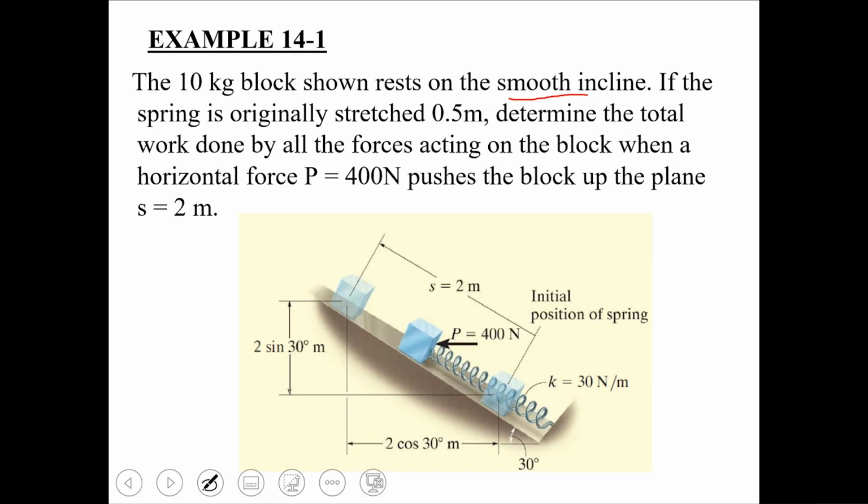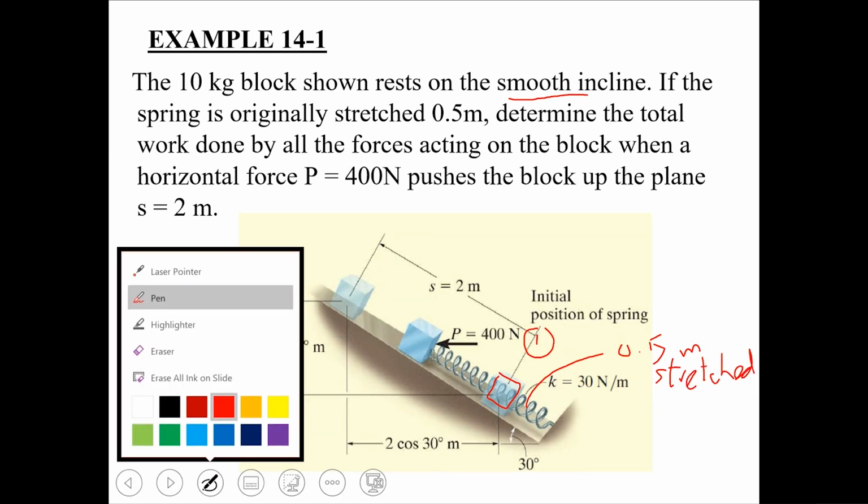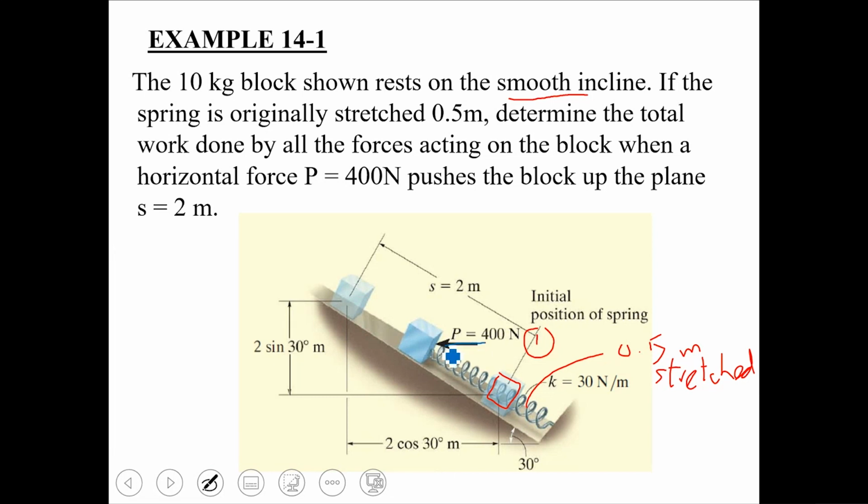The spring is originally stretched 0.5 meters, so initially this particle is located at this position. Let us say that this is our position number 1, and at this position the spring is already stretched 0.5 meters from its neutral position. Then you apply a horizontal force P, which is equal to 400 Newton, on this particle.